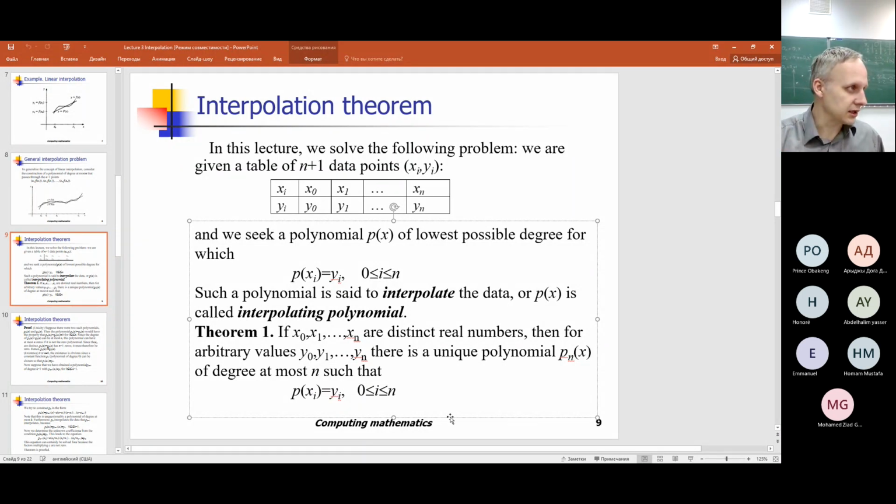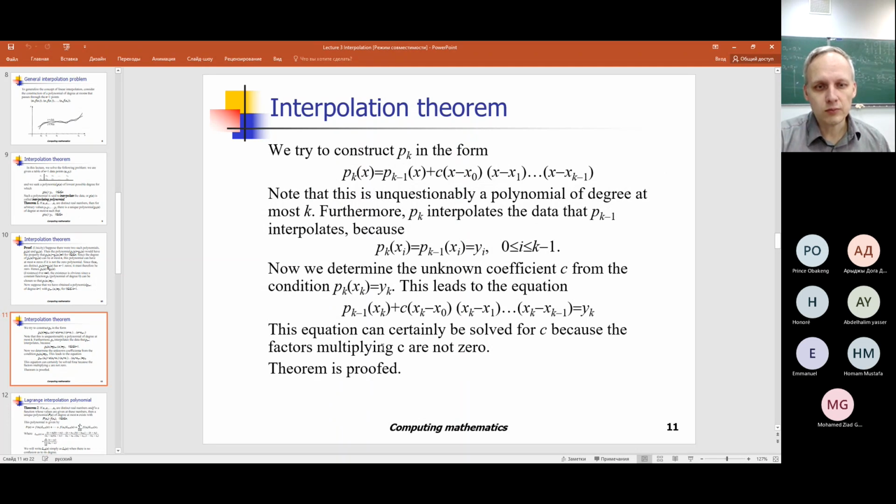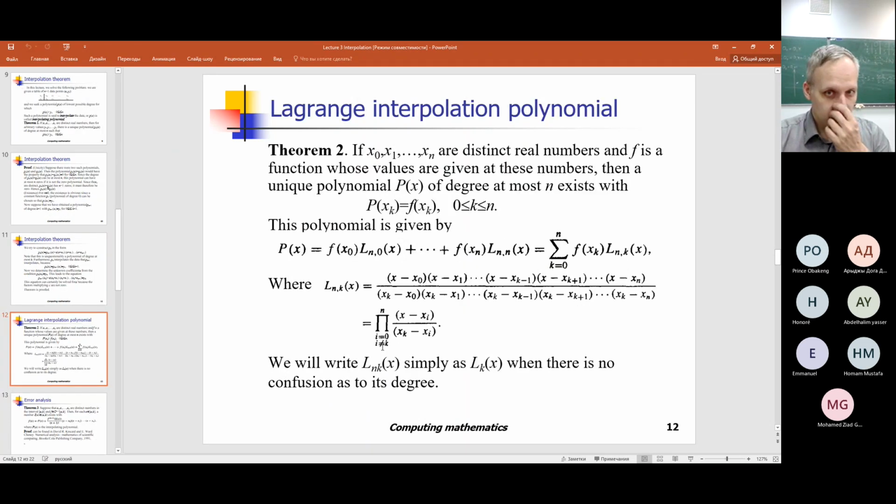So this theorem tells us that for any given data, if the points x0, x1, ..., xn are distinct, then there exists a unique polynomial that passes through these points. Maybe we come back to the proof next week and discuss it.